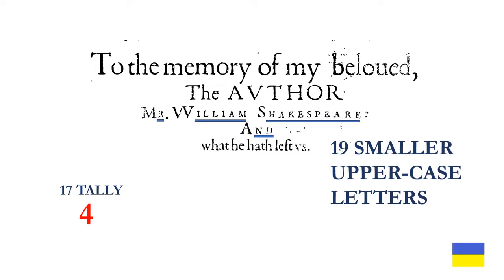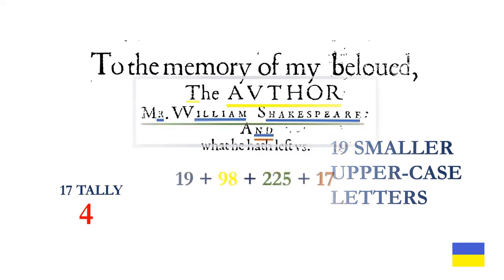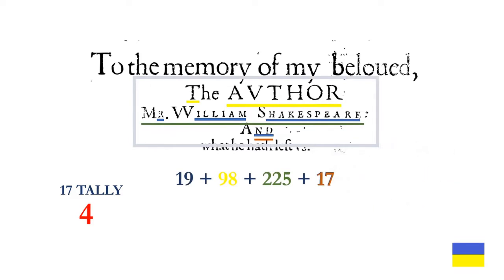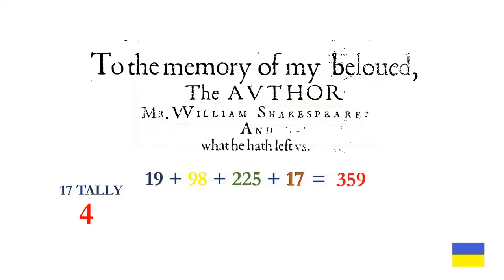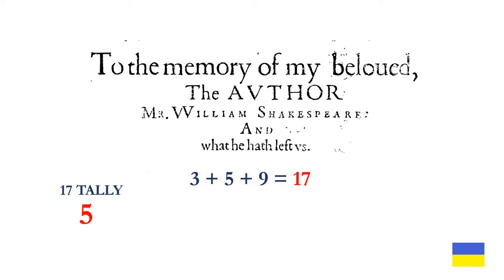There are also 19 smaller uppercase letters in lines 3 and 4 that are the same size. And if we add 19 plus 98 plus 225 plus 17, we get 359. 3 plus 5 plus 9 is another digit sum number where they add up to 17.